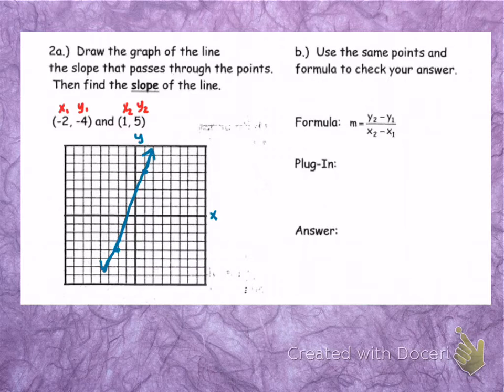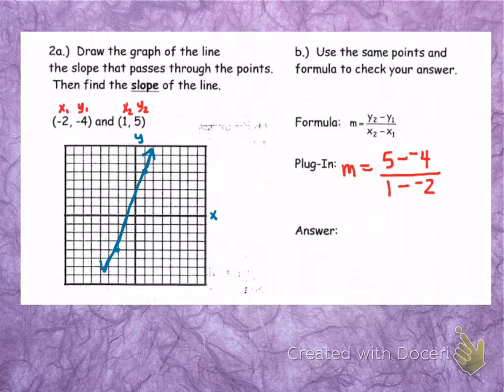So we have m is equal to, and we take our second y value, which is 5, and then the formula says to subtract, and we subtract our first y value, which was -4. Now notice it's minus -4, and then that's over x sub 2, so we take our second x value, which was 1, and we subtract our first x value, which was -2.